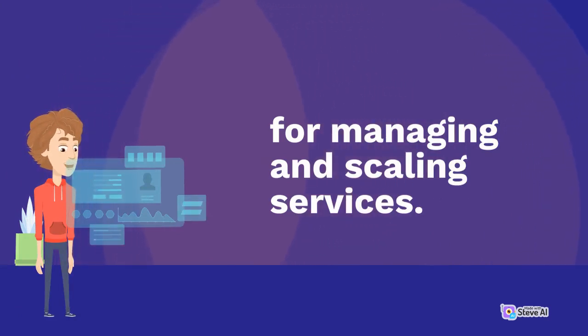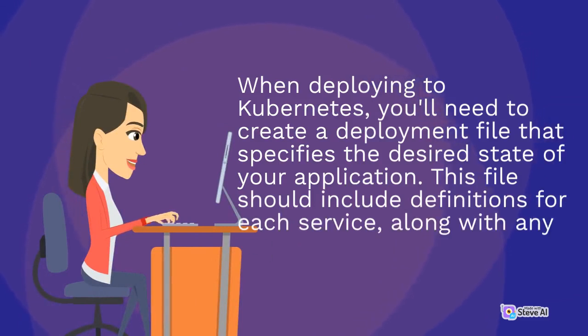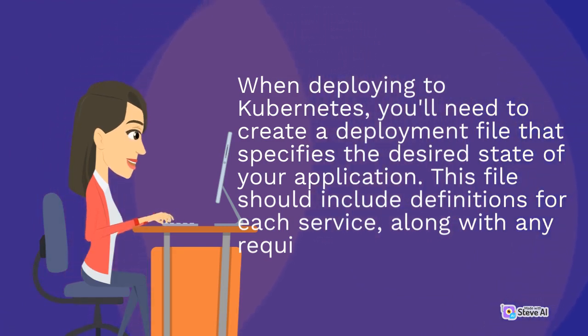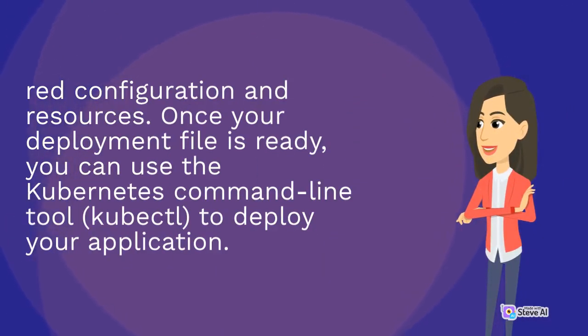When deploying to Kubernetes, you'll need to create a deployment file that specifies the desired state of your application. This file should include definitions for each service, along with any required configuration and resources. Once your deployment file is ready, you can use the Kubernetes command line tool, kubectl, to deploy your application.